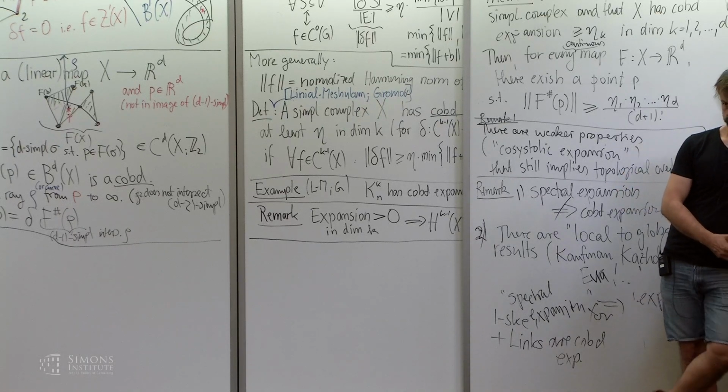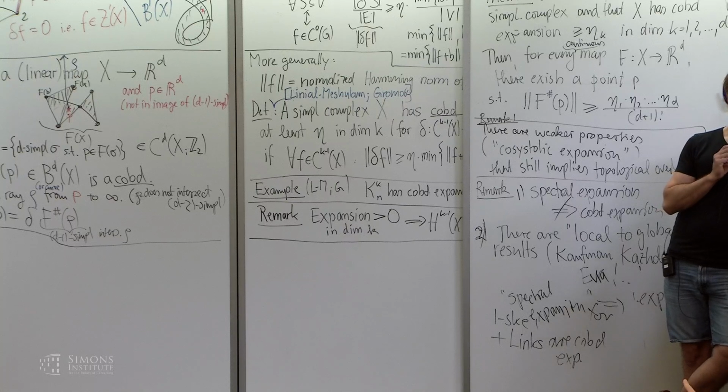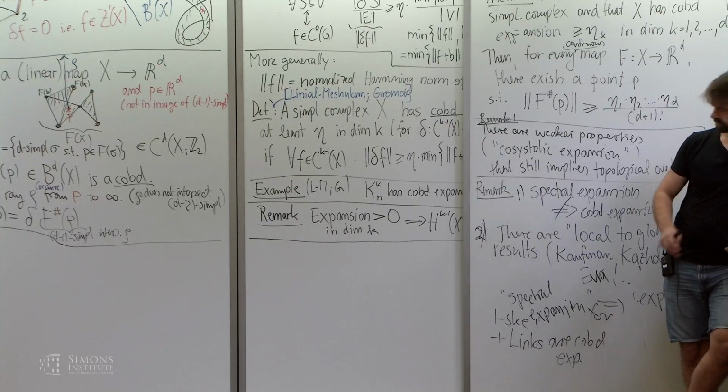So if you have a 100-dimensional complex and you're expanding small sets in all 100 dimensions, then you're completely expanding up until dimension 99. So I think you get something slightly stronger than your situation. That's what enabled us to get the cosystolic. Cosystolic is not just small set expansion, it's really all expansion.